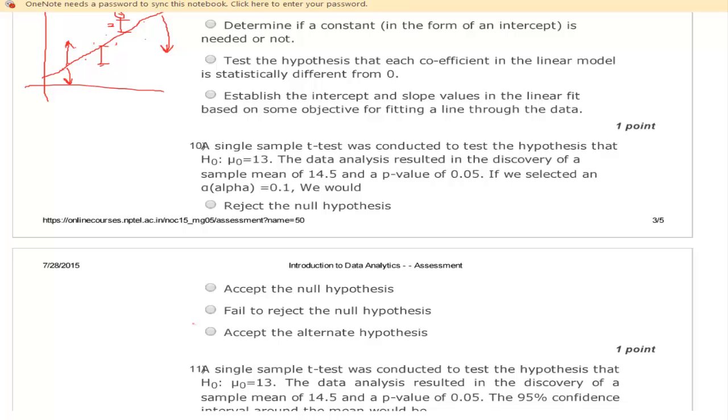Now, if that probability is a really small number, then we are willing to reject the null hypothesis. And here the notion of really small is predetermined by a value called alpha.